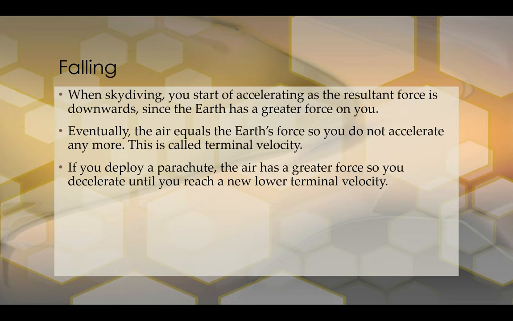So the forces are cancelling each other out, so you just continue falling at constant velocity. And then if you deploy a parachute, the air has a greater force on you, which means you decelerate until you reach a lower terminal velocity where the forces are equal.